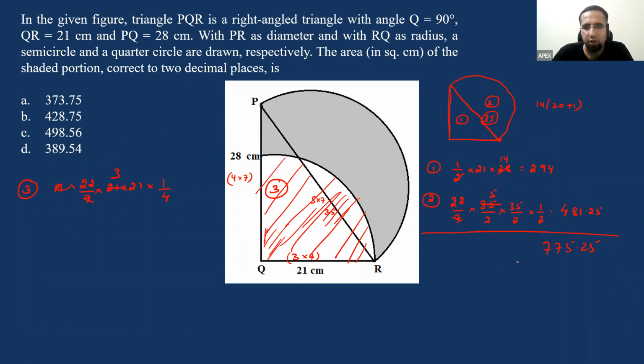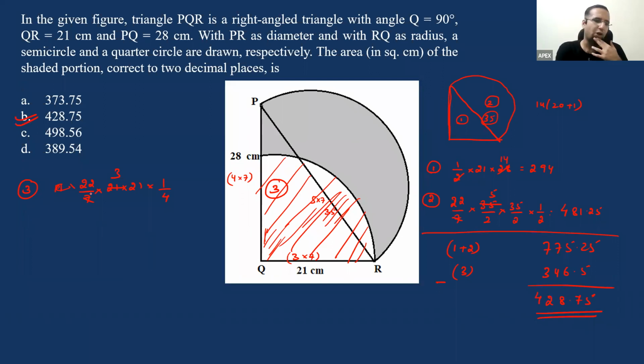And this gives us 346.5. Clear? Now 775.25 minus this, which will give you 428.75. So therefore, the area of the shaded portion becomes 428.75, and that becomes your answer.